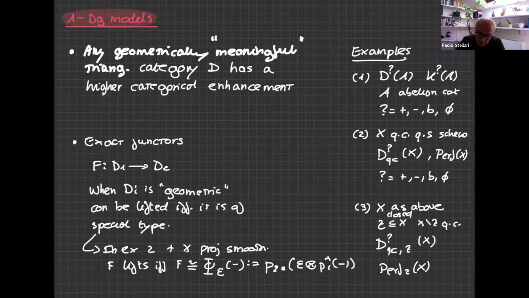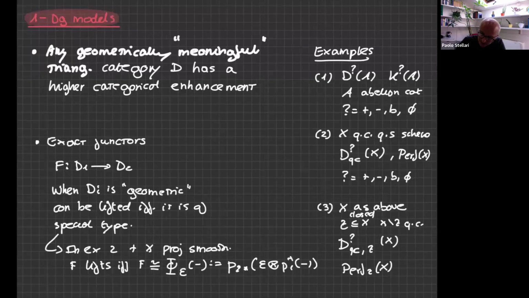Okay, but let's start from a quick reminder about the DG category one. Of course, we said that a triangulated category of geometric meaning can be lifted to a higher categorical version, but we have several choices for the higher categorical lifting. So the question is now, which higher categorical?